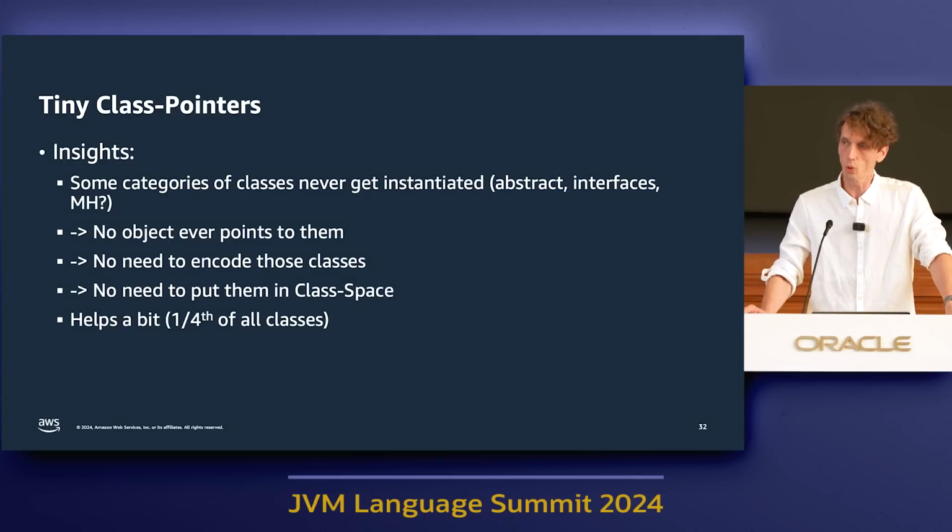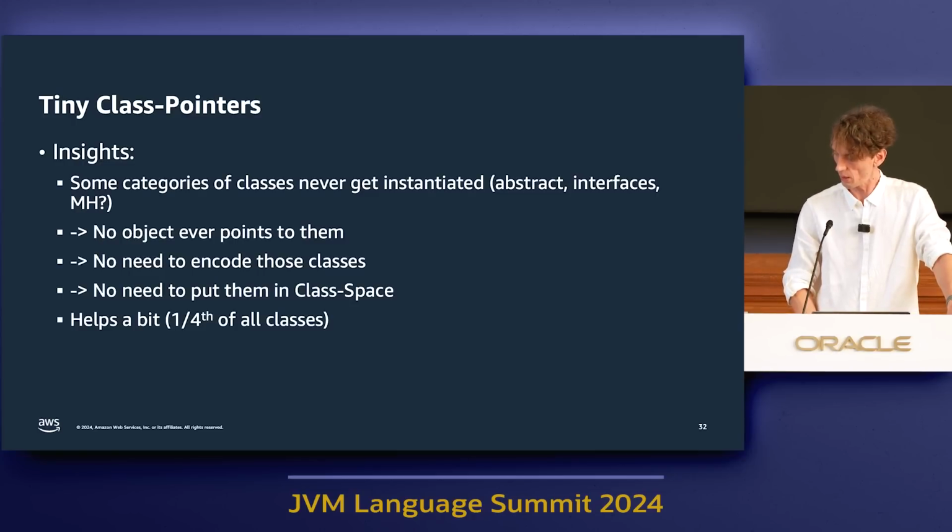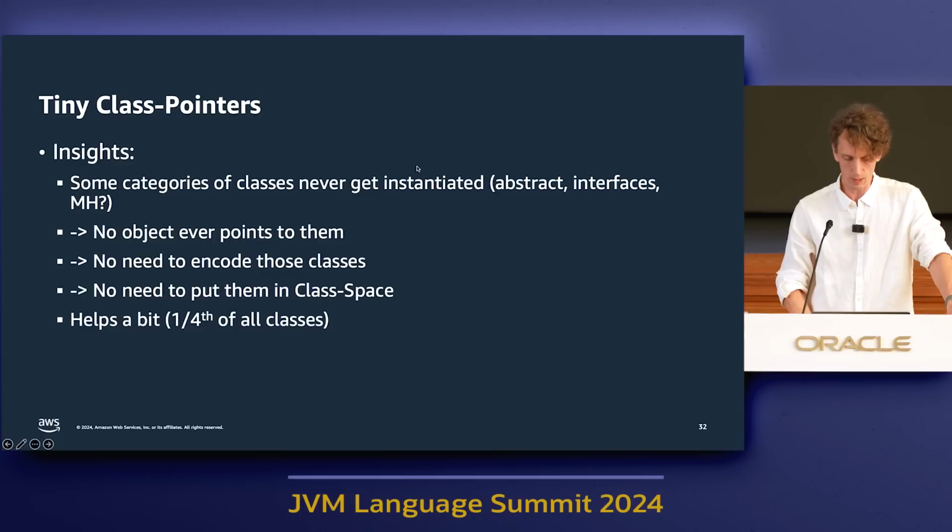I think Thomas made some experiments and found that about a quarter of all classes are just abstract classes and interfaces. If some of the generated classes from method handles, lambda forms, and so on, or maybe JRuby, also fall into this bucket, a lot of our troubles could be solved by this. This is work in progress, but looks very promising.